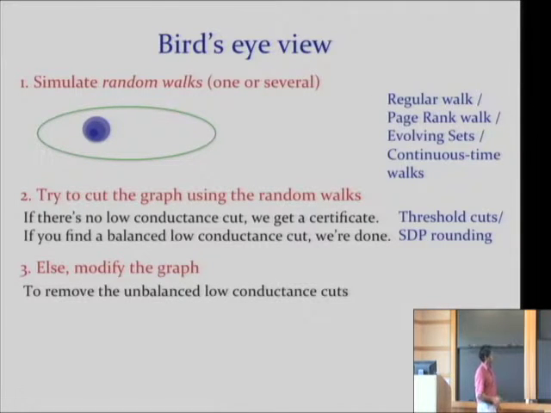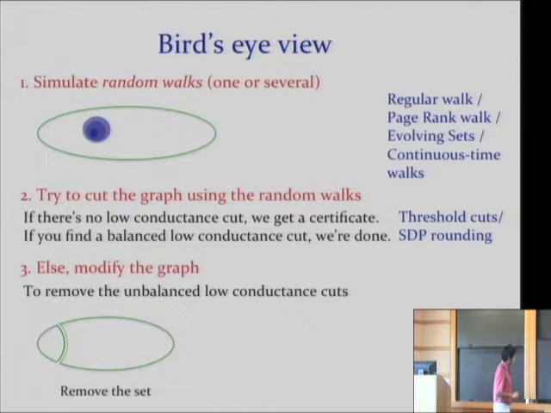And what if you found an unbalanced cut of conductance in the regime you are looking for, but it's unbalanced? So the third step usually is I want to modify the graph. I want to morally remove these sets that are impeding me from finding the interesting sets. As we mentioned, the recursive eigenvector algorithm removes these sets from the graph, the smaller side.